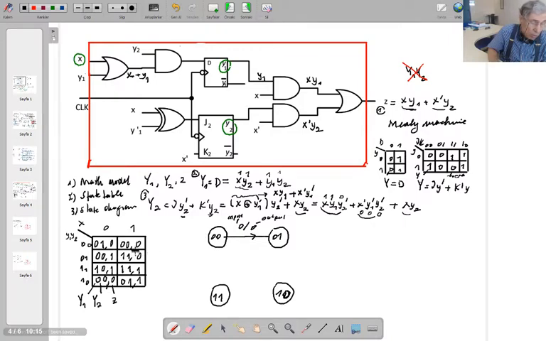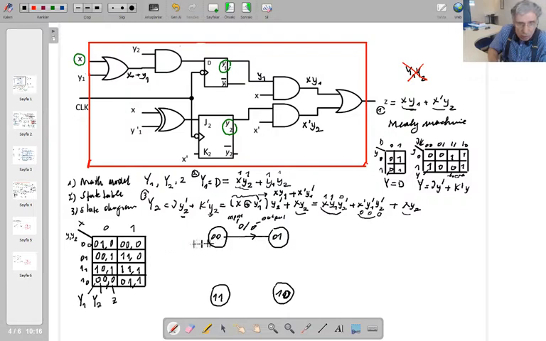On the state table, the difference was this. We don't write the z function in these x columns for Moore, because z is independent of the x input, so I put z in one separate column here. That's the difference between Moore and Mealy machine when you are setting up a state table or state diagram.